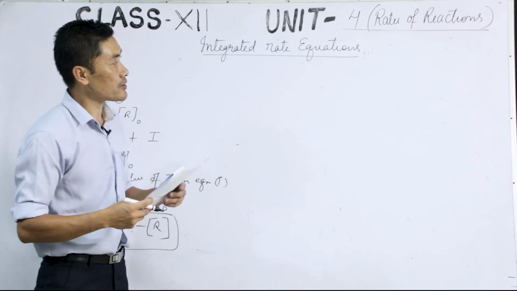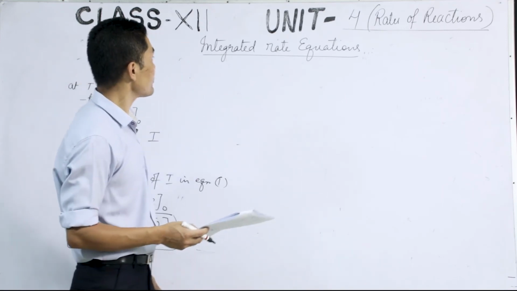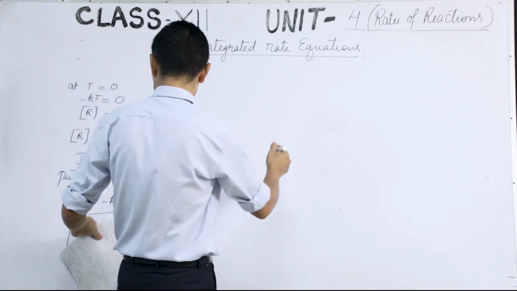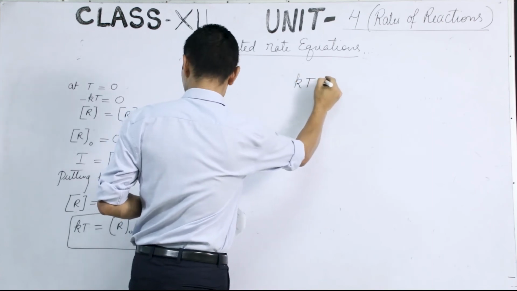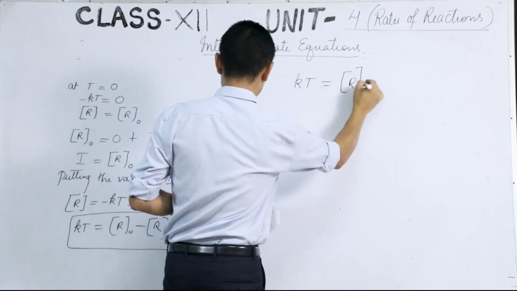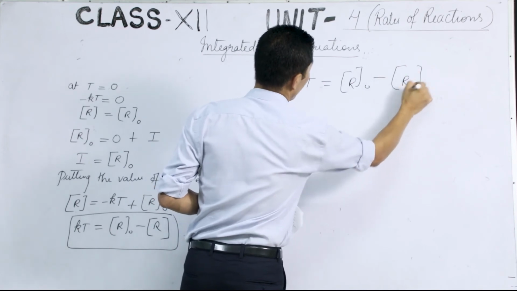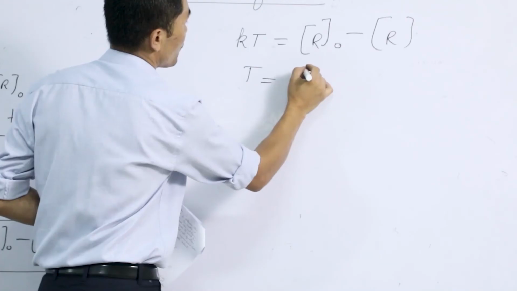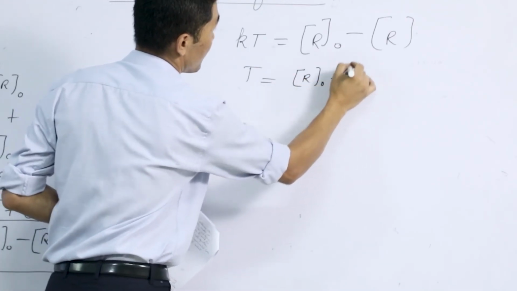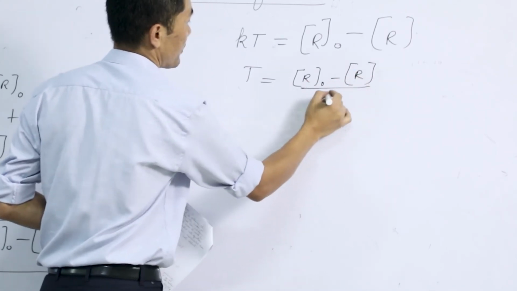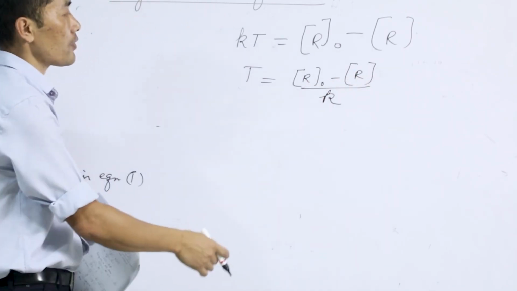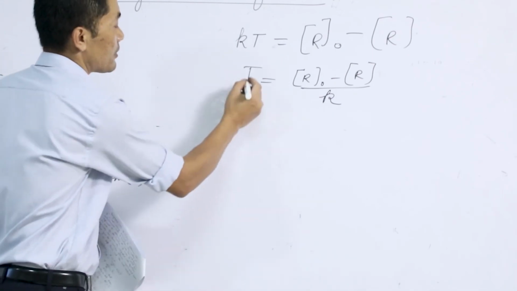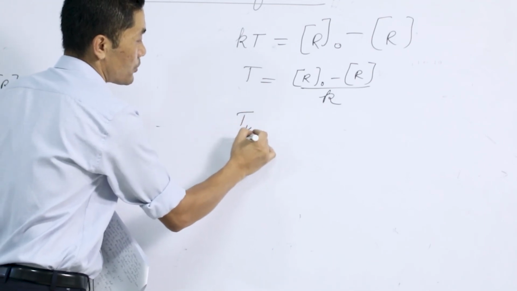So let us try to derive a relation for the half-life of this zero-order reaction. Here we have the equation Kt equal to R naught minus R. So t will be equal to R naught minus R divided by K. Half-life will be represented by t1/2.